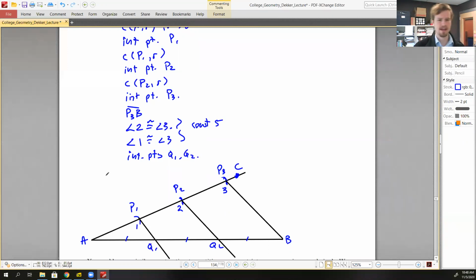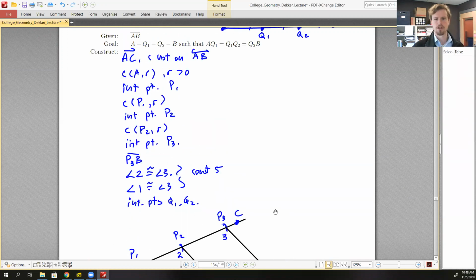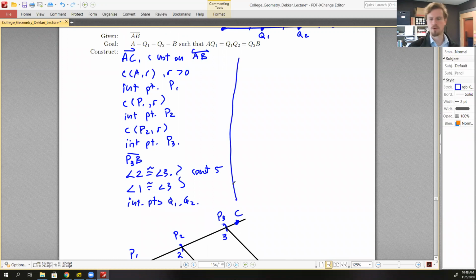And once we had that, we have the intervals, we have the segments that are congruent. Excellent. So a nice justification for this, we won't go into all of the details, but we'd like to know why this actually works.